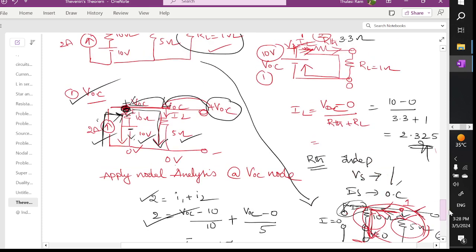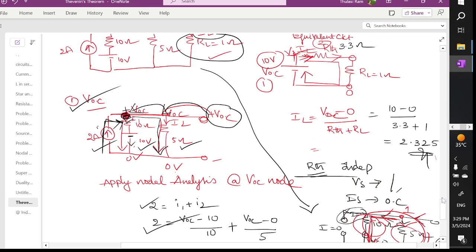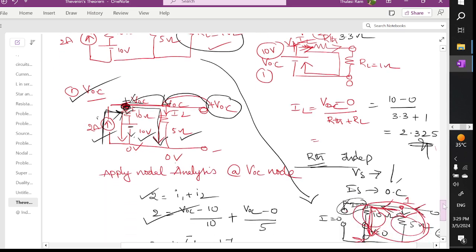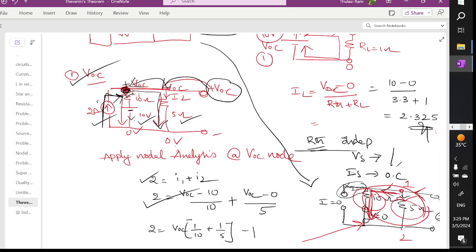The second step is calculating the Thevenin resistance. How to calculate it? Current sources should be open circuited, voltage sources should be short circuited, that's why it is short circuited. Here you have 10 ohm and here you have 5 ohm. The current will start like this and will not divide in this branch. It will flow only like this.